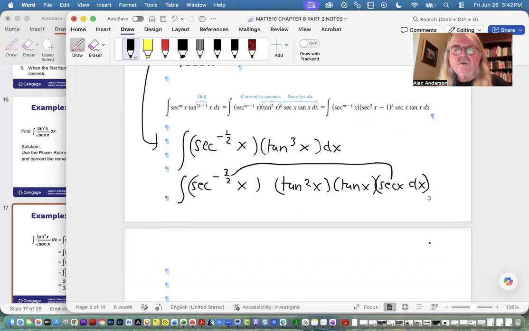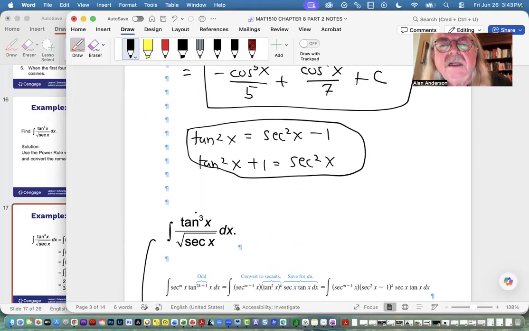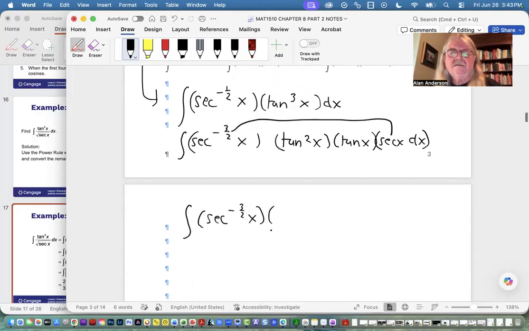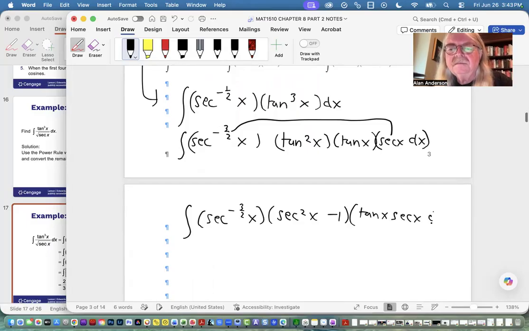Now, the tangent squared is going to be replaced, based on our Pythagorean identity, with secant squared x minus 1. And the purpose of this is to keep these together. And by the way, let's go back and look at our list of derivatives.